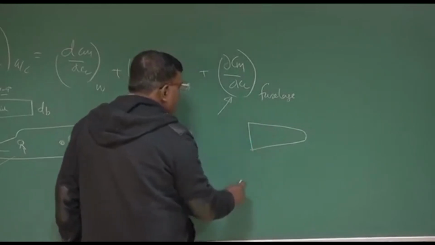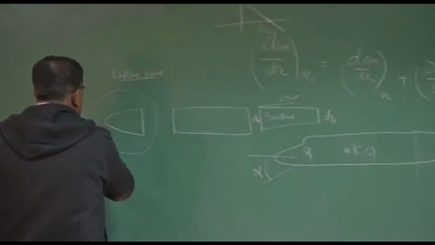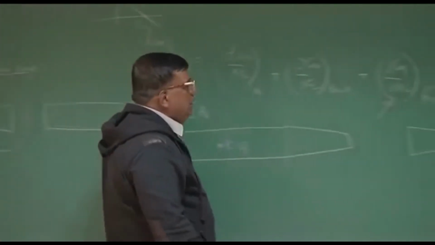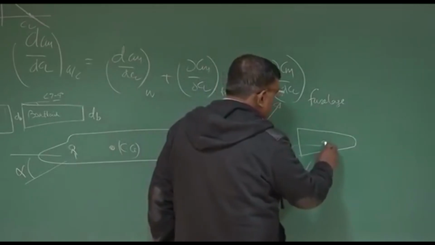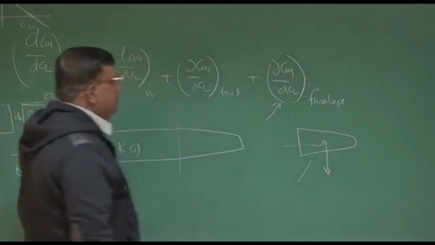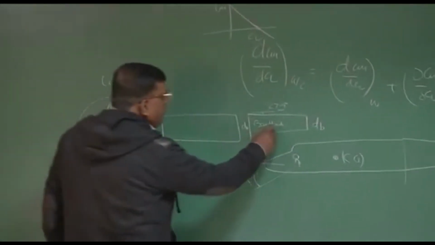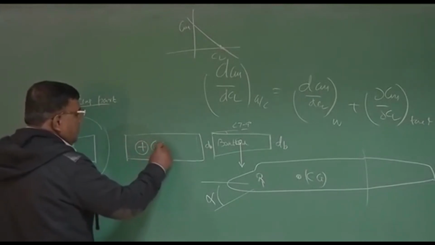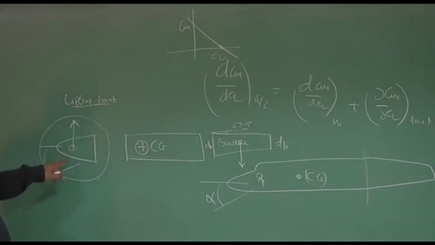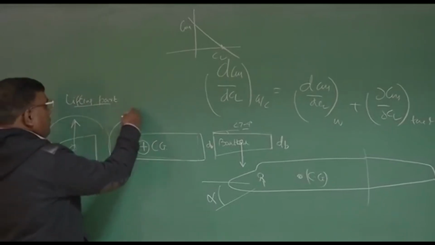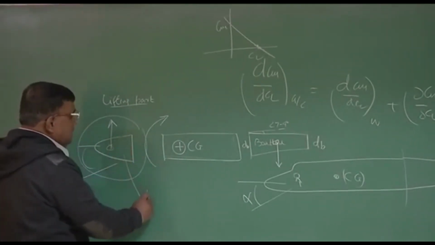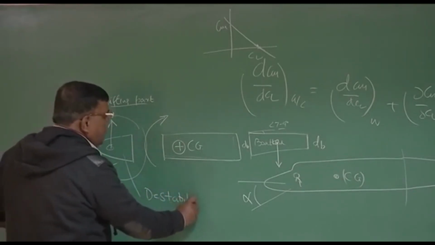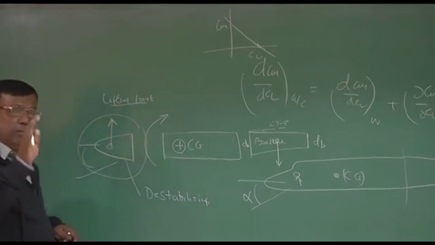So for a nose, for positive alpha, I am getting a force something like this. For a boat tail, since it's reverse, you will find this will act downward. Right? So now can you tell me, if I now draw the force here downward and CG is somewhere here, you could see for a positive alpha, this will give a nose up moment. So the nose is destabilizing, because for a stabilizing effect, I want for a positive alpha a nose down moment.